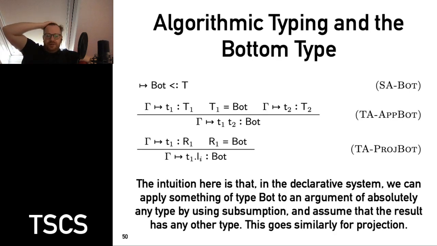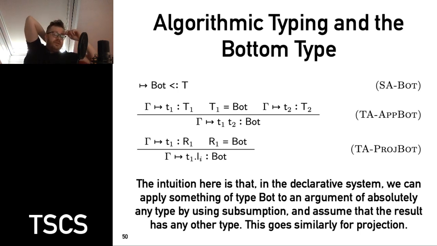The bottom type, this is actually where it comes. I started out with that. I'll come to this point again. The bottom type in algorithmic subtyping works in a way like this. So algorithmically, it is a subtype of all the types.